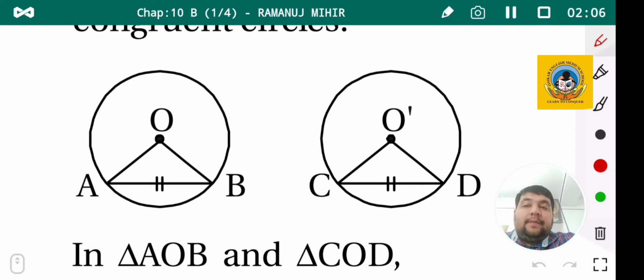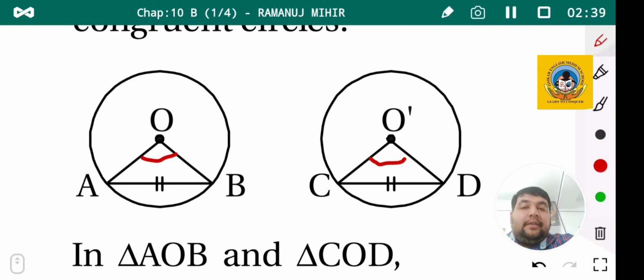The angles subtended by those chords, angle AOB and angle CO'D, must be equal. That we have to prove. So for that, what we will do? We will prove that both triangles are congruent. Then if the triangles are congruent, the corresponding angles and the corresponding sides will be equal.